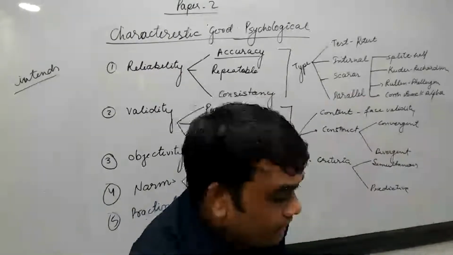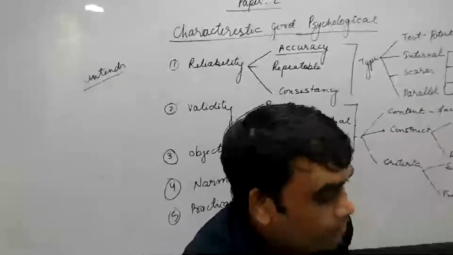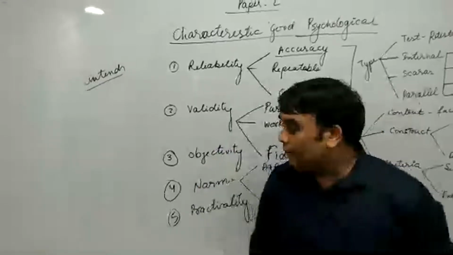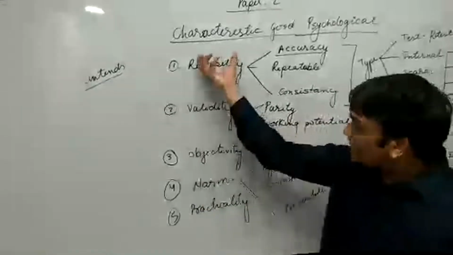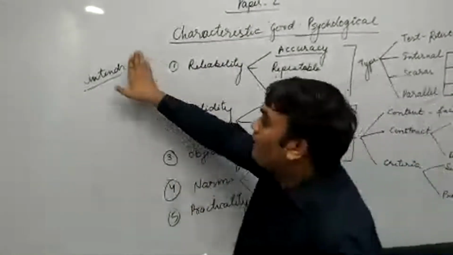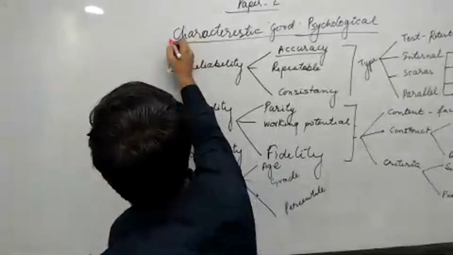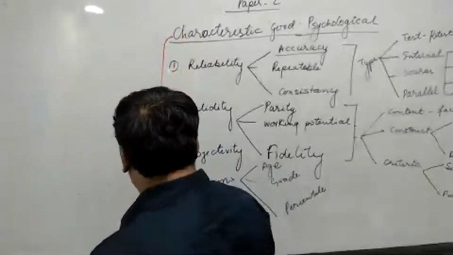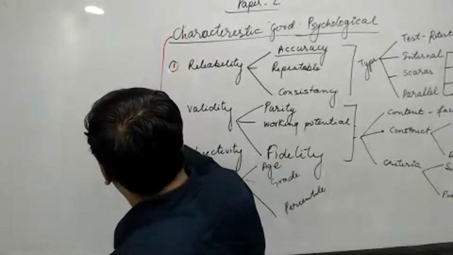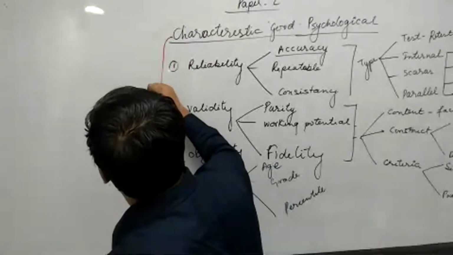So here is the next thing that we are dealing with: these are the characteristics of a good test. अब इसका एप्लीकेशन करोगे, एप्लीकेशन करना है, means how these points will apply in different circumstances.